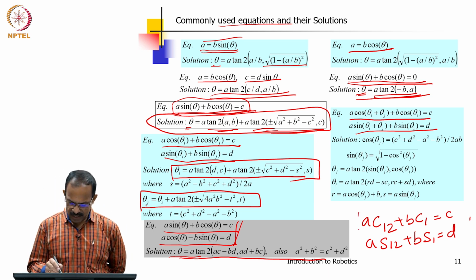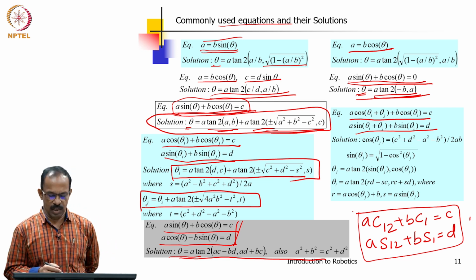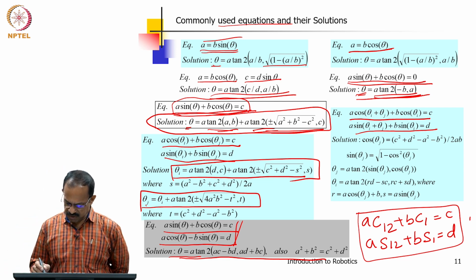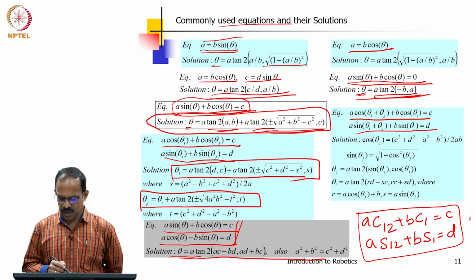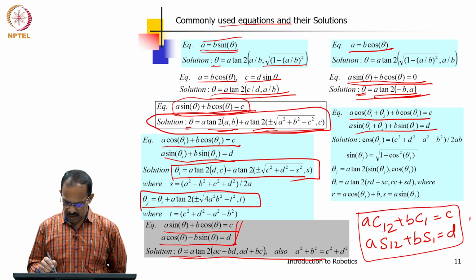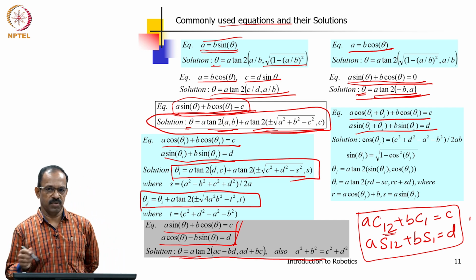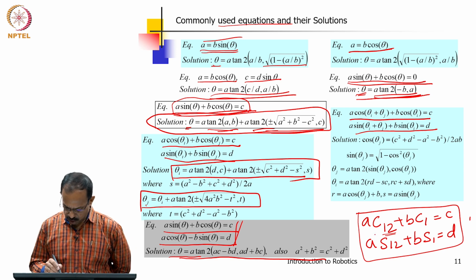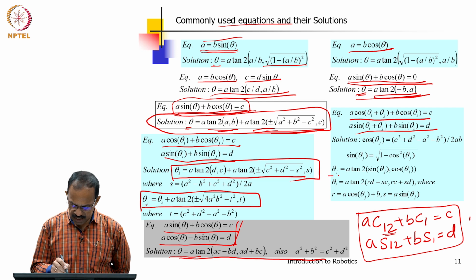So this is a very common thing that you will be seeing in inverse kinematics. A C12 plus B C1 is equal to C and A S12 plus B S1 is equal to D. C12 stands for cos of theta 1 plus theta 2. If this is the format that you have, then the solution is this for theta j.